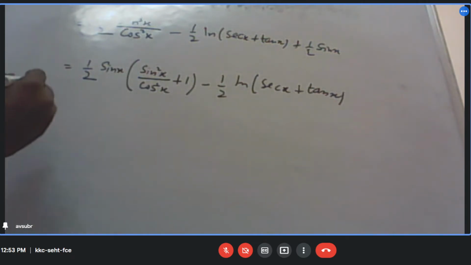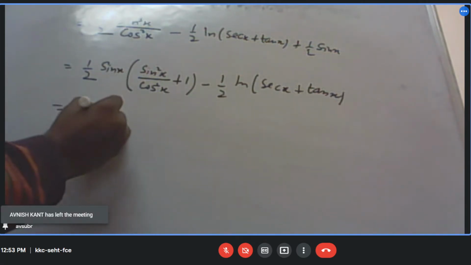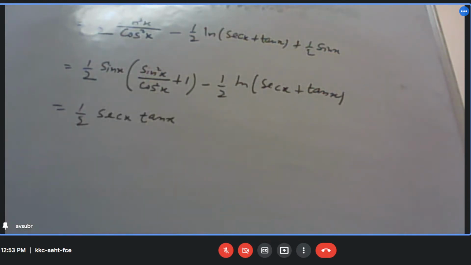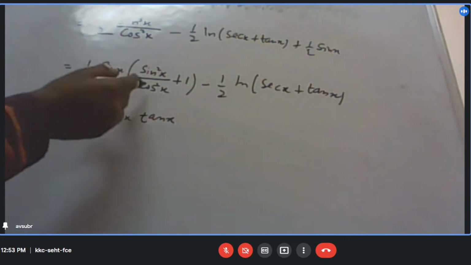So this can be written as 1 by 2 sec x tan x. Can I write it like this? This will be sin x by cos square x.